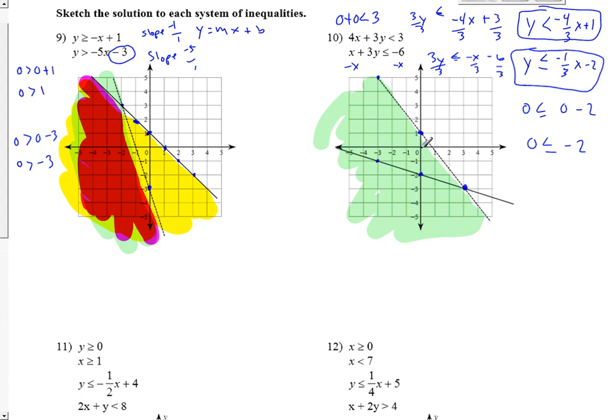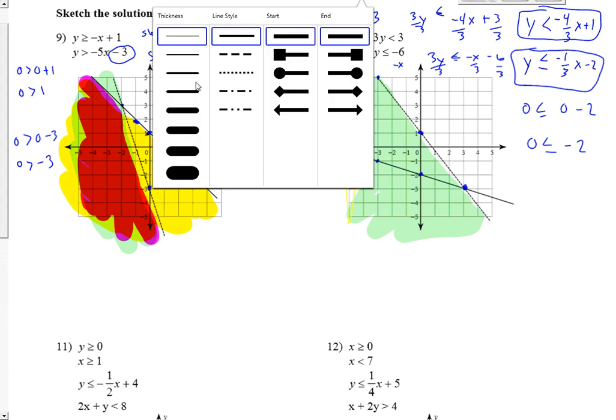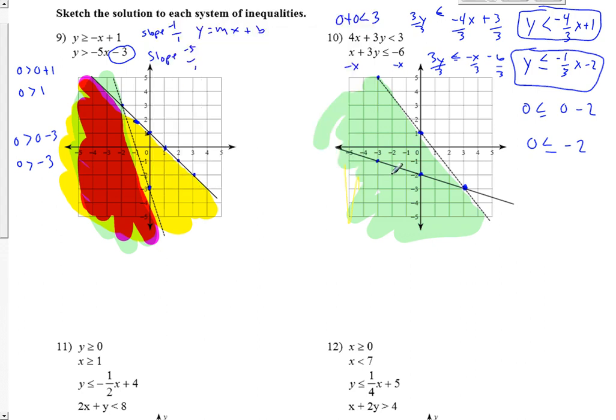So we do not want to include 0, 0 in the, we don't want to include what? 0, 0. Wait, wait, wait. Let me go back and do this over.